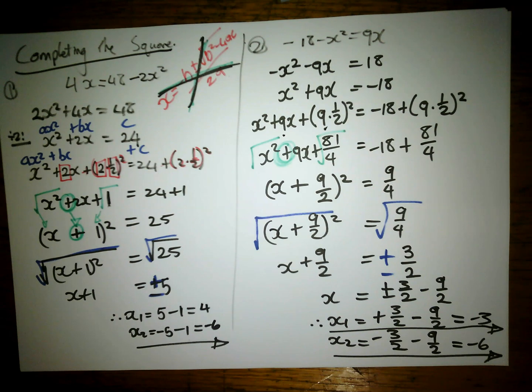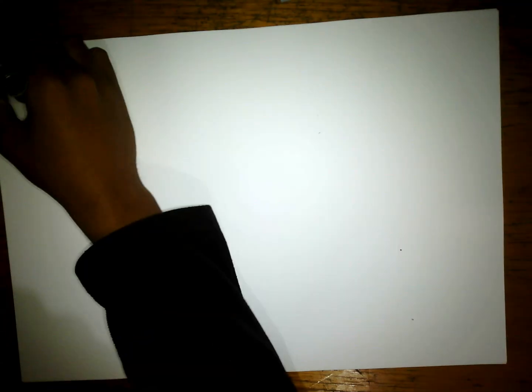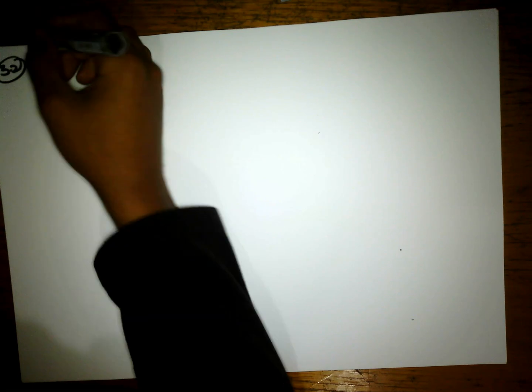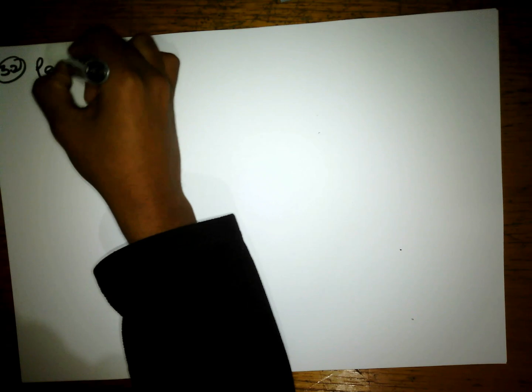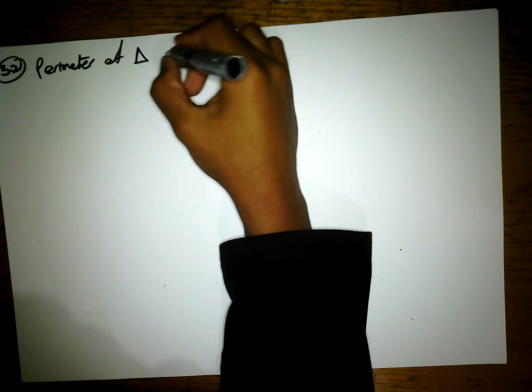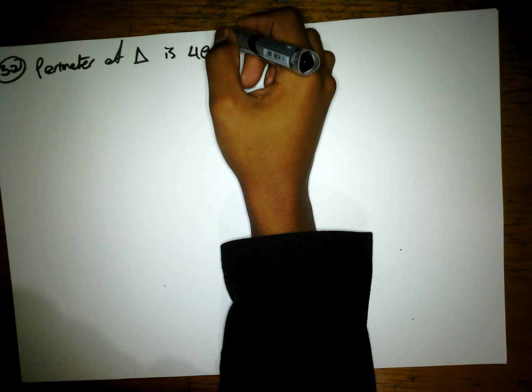Okay. Can we move on, guys? Okay. This next one is a word sum. I do have a word sum video. I'm going to write this quickly. The perimeter of a triangle is 40 meters.